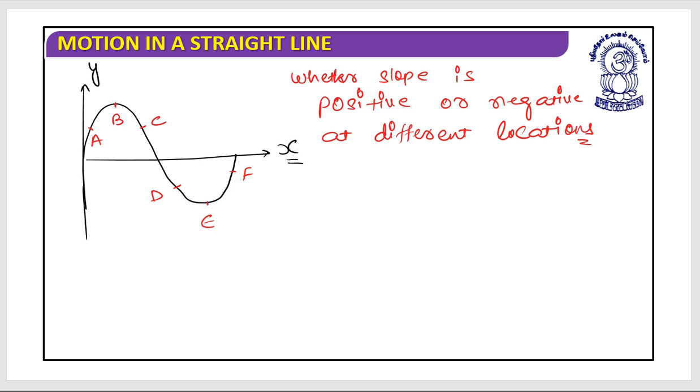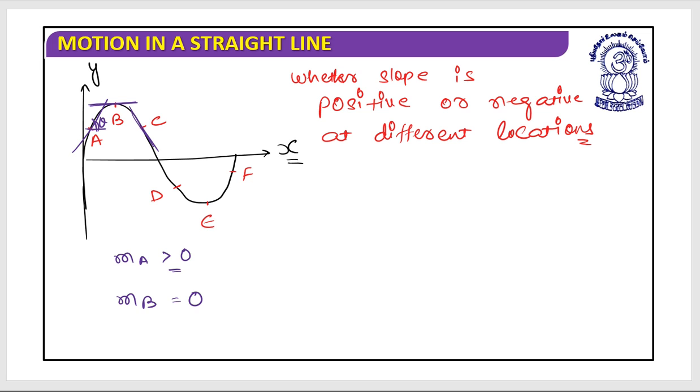What you need to do is make a tangent and find out whether the slope is positive or negative. Suppose this is A. Here the tangent is there. This is theta. Here theta is positive, so slope at A would be greater than 0. This is location B. It is a straight line, so slope at B equals 0.